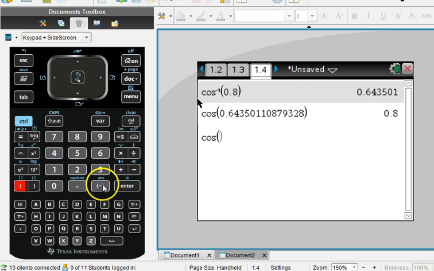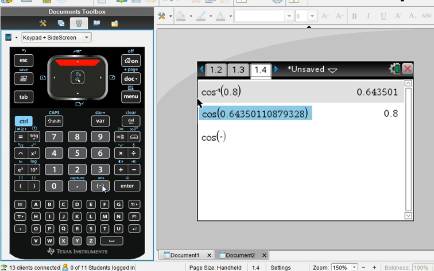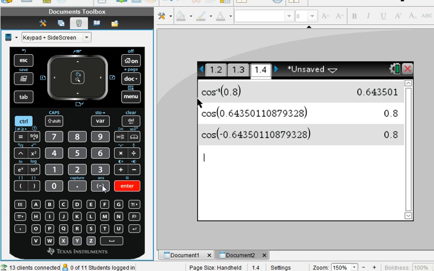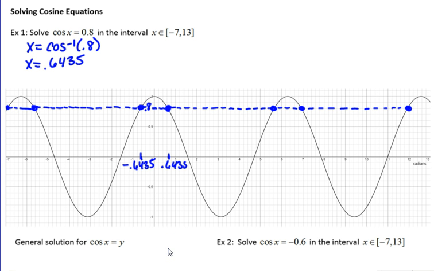So if I put in a negative sign here and then go up and grab this number, the cosine of the negative of that number should also equal 0.8. So I am correct that both the positive and negative 0.6435 give me a y value of 0.8. So I can also write then that x equals negative 0.6435. So that is 2 of the solutions.